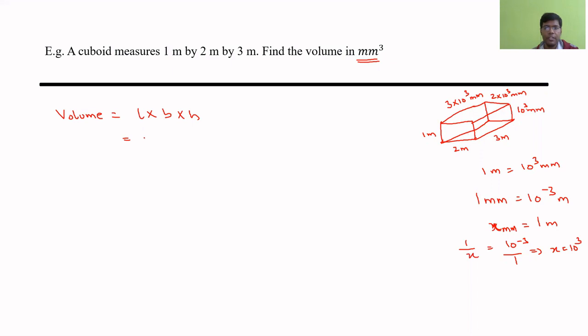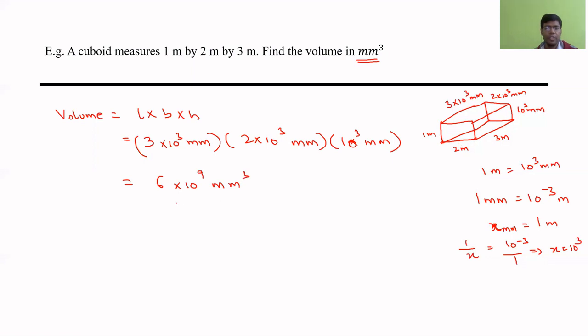My length is 3 multiplied with 10 power 3 millimeters, multiplied with breadth or width, which is 2 multiplied with 10 power 3 millimeters, and the height is 1 multiplied with 10 power 3 millimeters. So this will give me 6 multiplied with 10 power 9 millimeter cube.